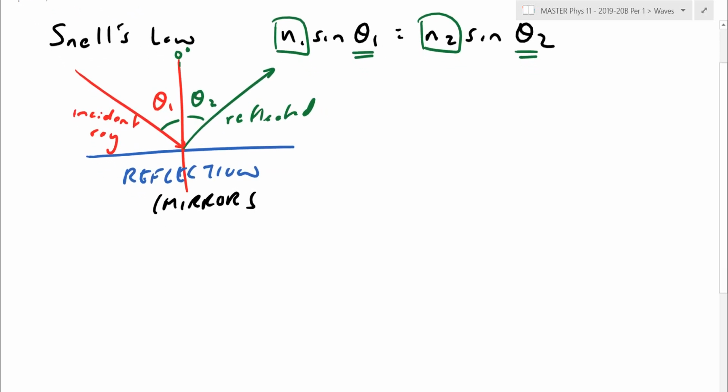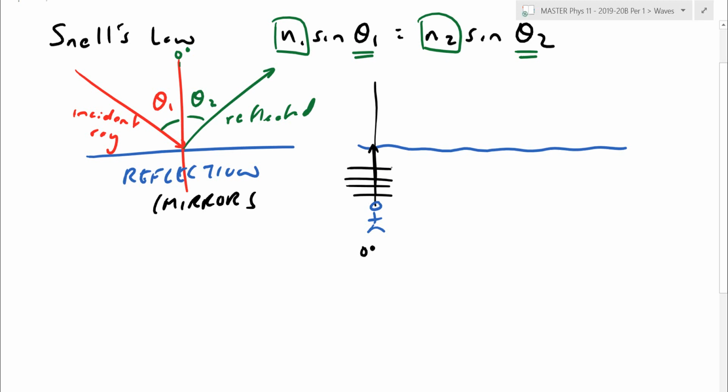The case was a little more interesting when we did refraction. For refraction here, we had light actually going through surfaces. I gave you the example of, let's say you're standing at the bottom of a swimming pool for some reason. If you look straight on, if you look perfectly along the normal, although you as a source here might set the beat, set the frequency here, it may be a lot easier for the waves to travel out.